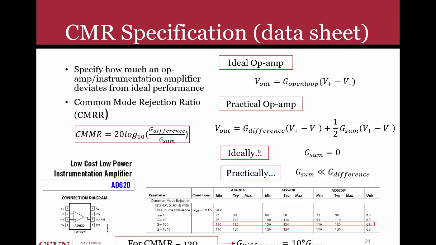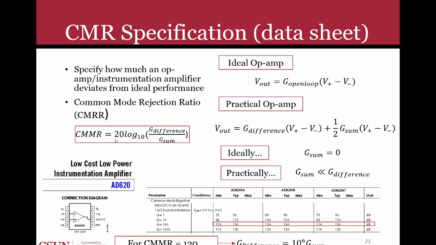But in all practicality, G sum is actually much smaller than G difference, and so this is the metric you want to look for when looking for an op amp. We want an ideal op amp configuration where G sum is 0, or at least in comparison to G difference, it's much smaller. So that is given to you by the common mode rejection ratio. So this is important.